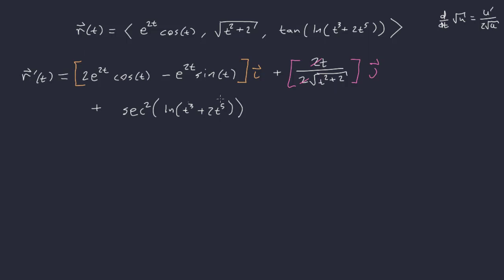So the derivative of the natural log of stuff is the derivative of that stuff over itself. The derivative of this stuff will be 3t squared plus 10t to the fourth, over the stuff, t cubed plus 2t to the fifth.